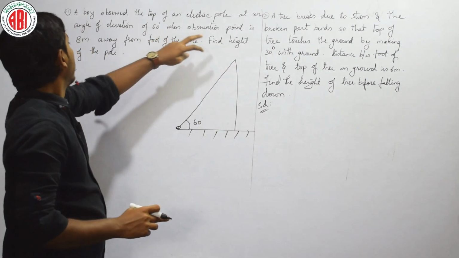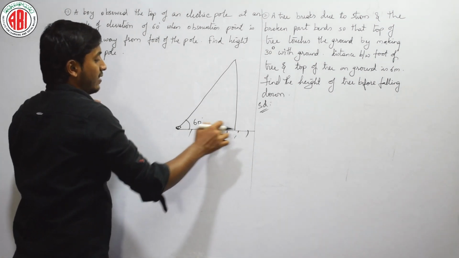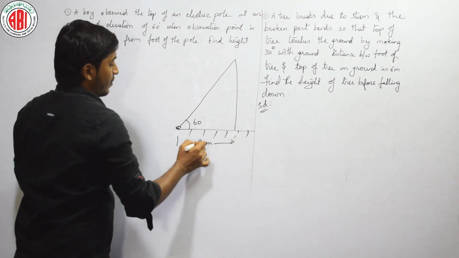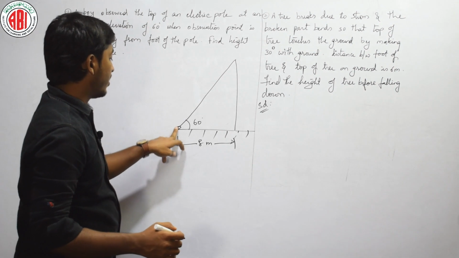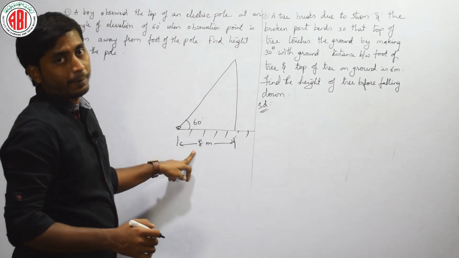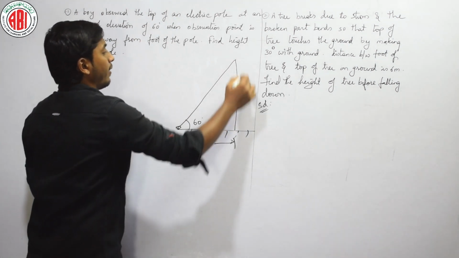Then next, when the observation point is 8 meters away from the foot, if this is the foot, he is telling that here it is 8 meters away from the foot, right. क्या दिया है उन्होंने, ये ऑब्जर्वेशन पॉइंट ये फुट ऑफ द पोल से 8 मीटर दूर है, ओके. Then he is asking us to find the pole, that's it.